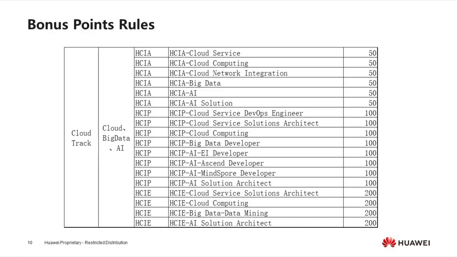You can take a screenshot of it, or look at it after we upload all the materials, and check which direction you would like to get certified in to get the extra points. So by far, any questions about the bonus points rules?